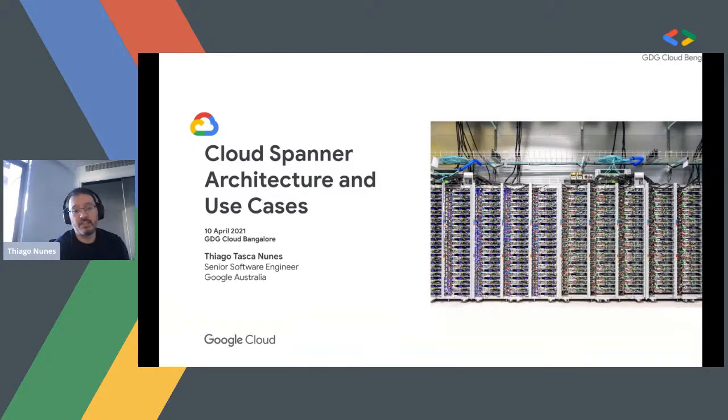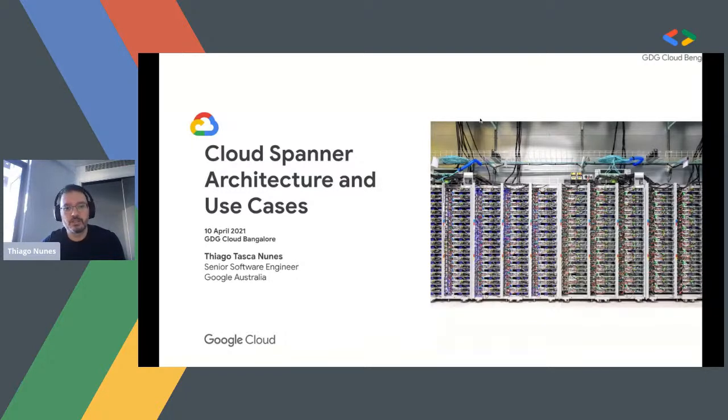Spanner is at the core for Google, so we use it for several of our services. Those Google services serve billions of users worldwide, and all of those are powered by Spanner. Here we're going to focus on Cloud Spanner, which is the offering from Google for Spanner in GCP.